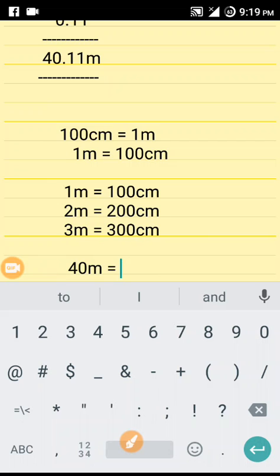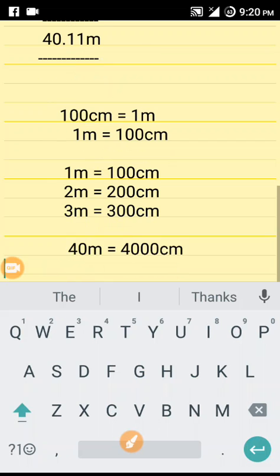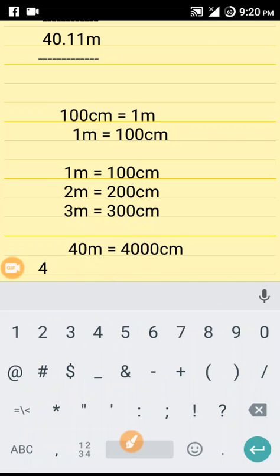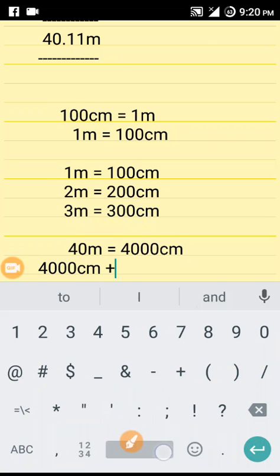It will be 4,000 centimeters, because we just add 2 zeros to the 40. So if you were to substitute it into the question, wherever we see 40 meters, we put 4,000 centimeters. This is how it will be for us to add.